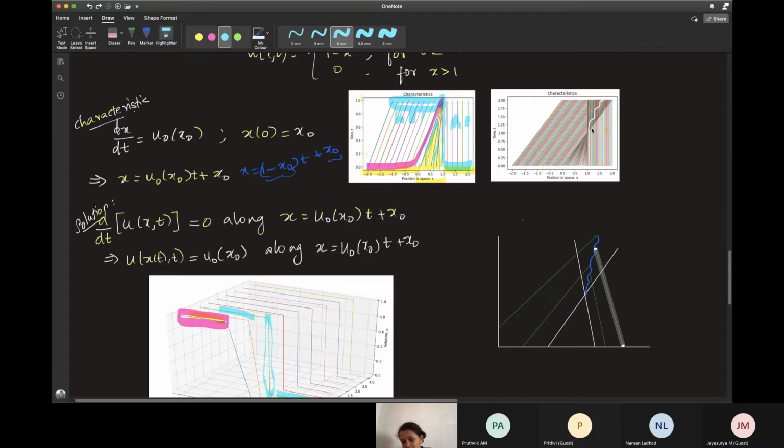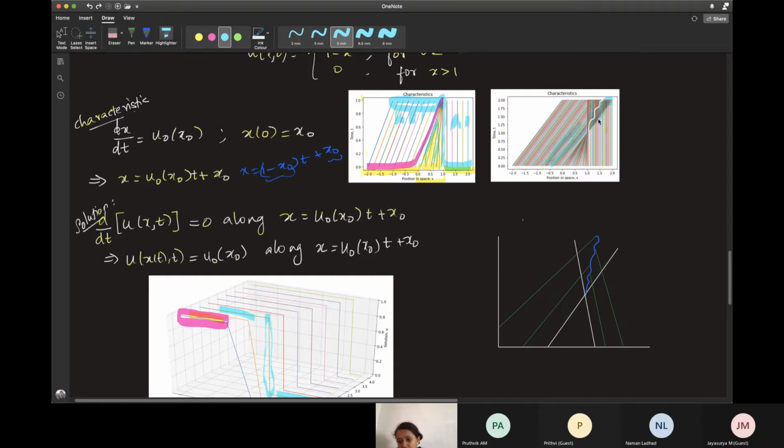And to the right of this new curve that you have drawn, you will only have the characteristics that were initially passing through. See, in this region which was on the right of this new curve, you initially had many characteristics passing through, right? So you will now remove all those lines.